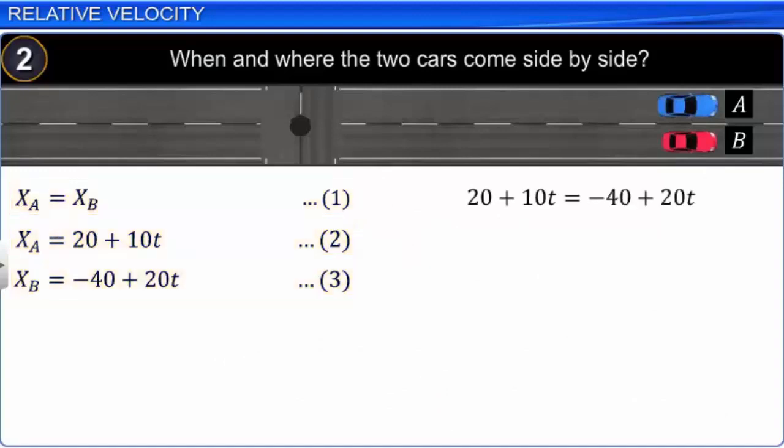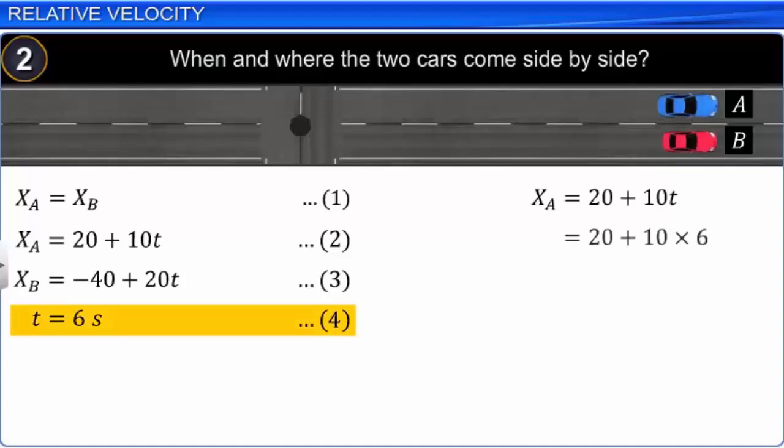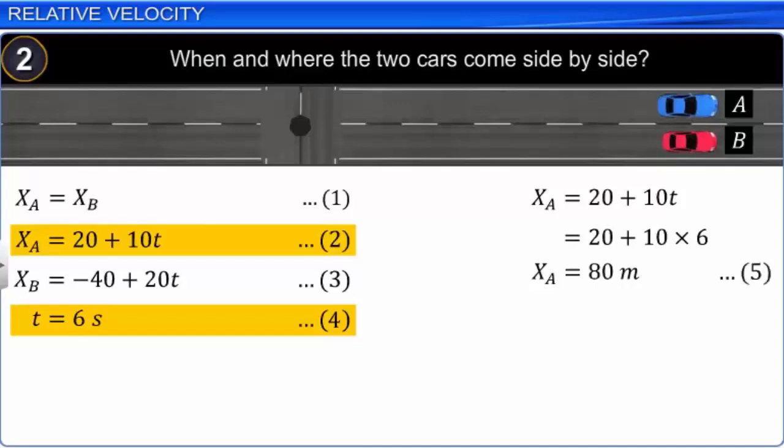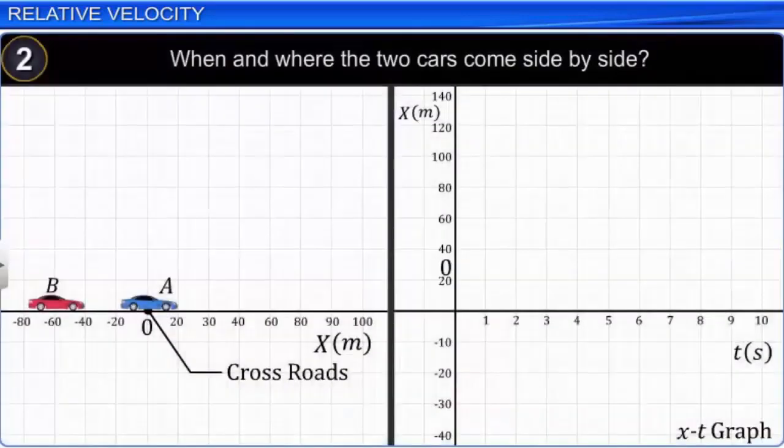This is equation 4. Further substituting equation 4 in equation 2, we get XA equal to 80 meter. The two cars A and B come side by side at 6 seconds when their position coordinate is 80 meters.